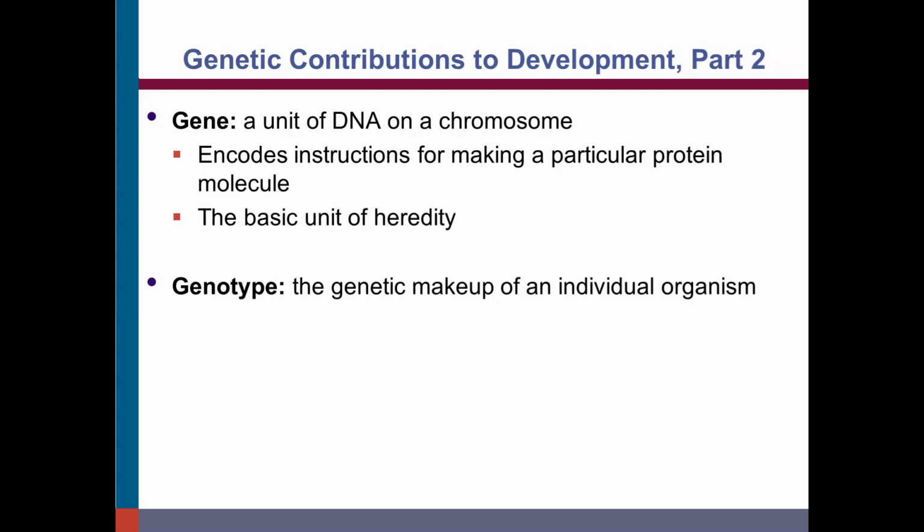Remember, that's the genetic makeup of an individual organism. So basically, what is the makeup of one's genetic inheritance? What did they inherit from previous generations and from their parents? That is their genotype.